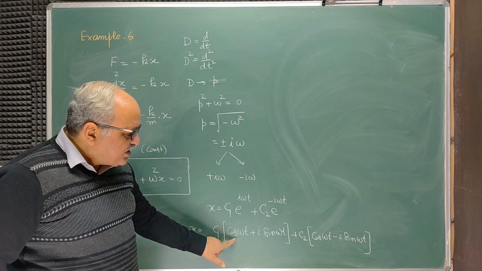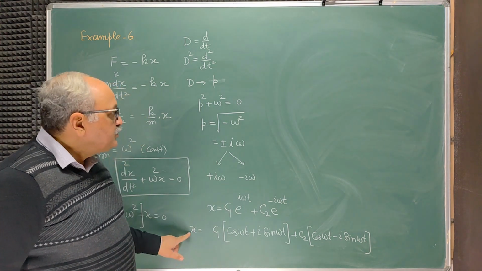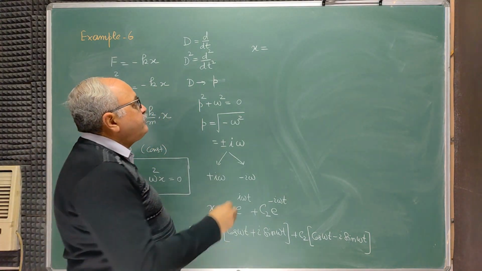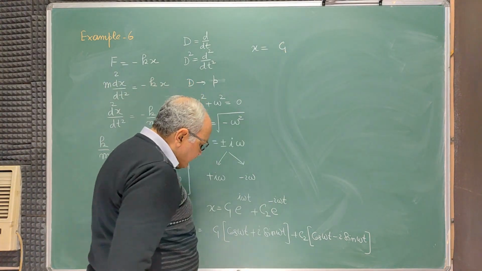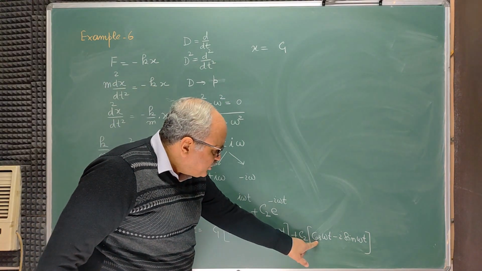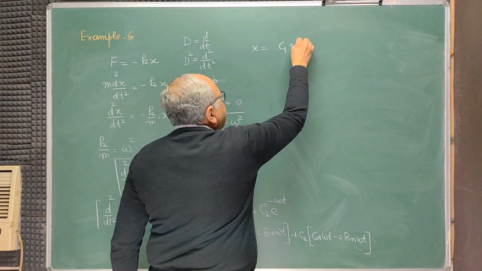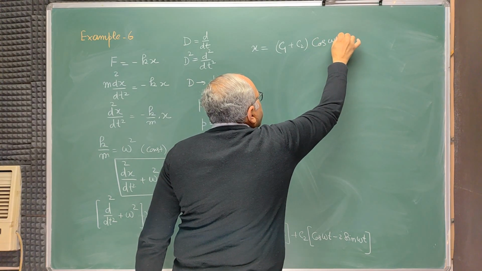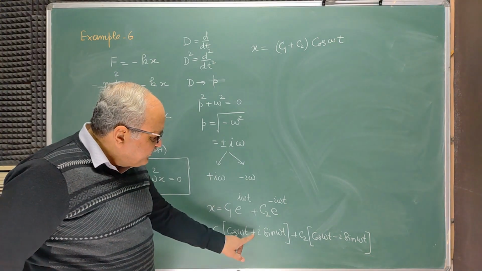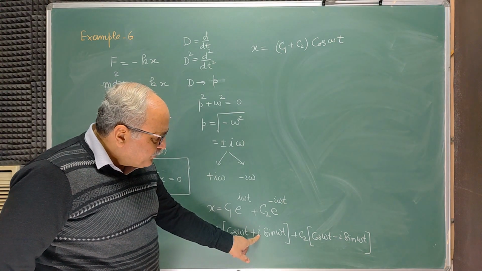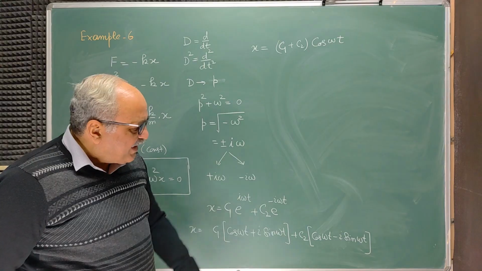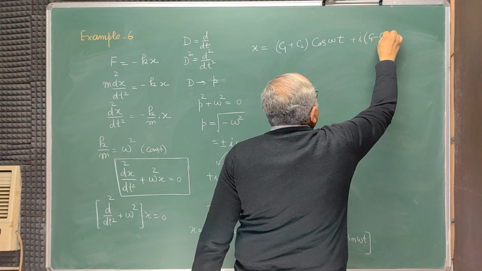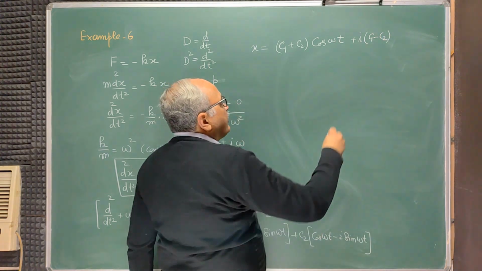So we have x equals c1 with cos, and c2 also with cos. So we write (c1 plus c2) cos of omega t, and here we have i, that is iota, with c1, and there we have minus of it. So we write this as plus i (c1 minus c2) sin of omega t.